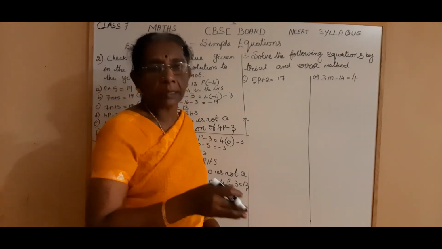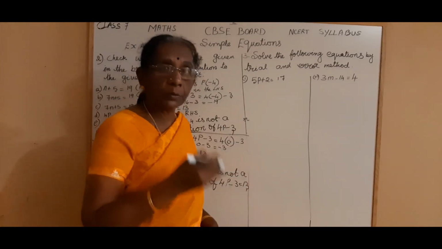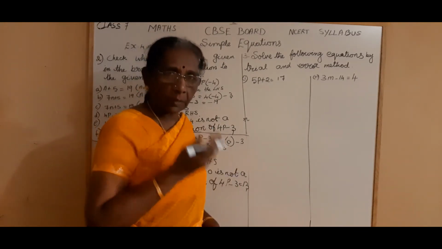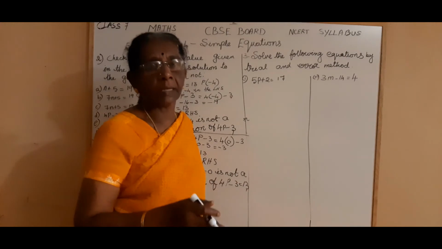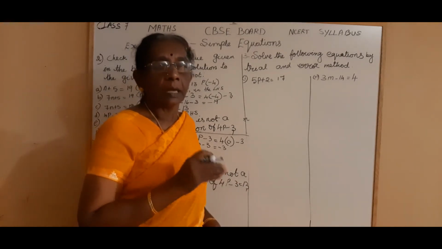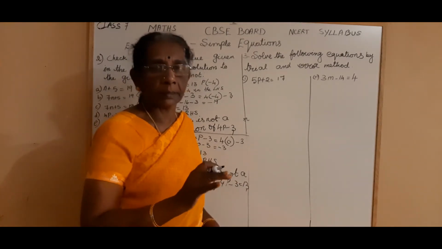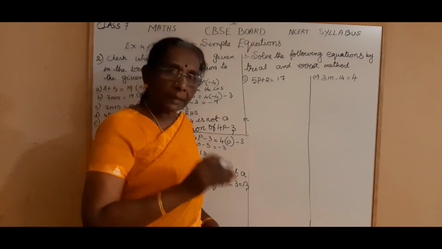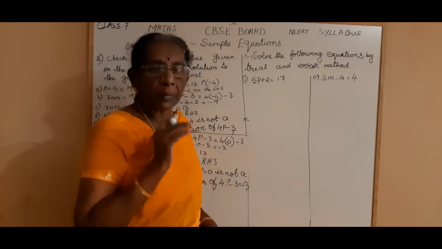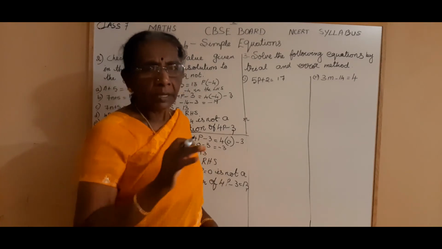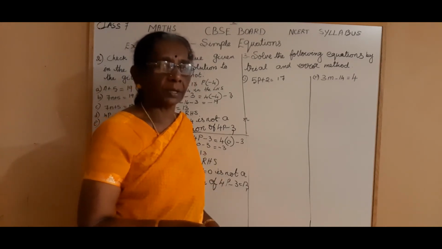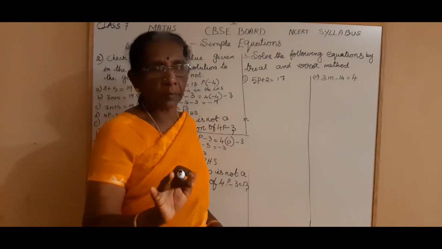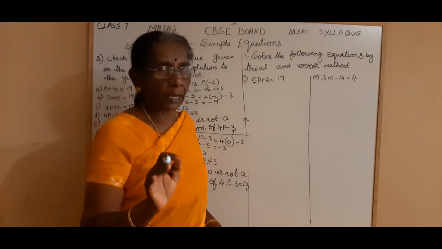You give p is equal to 2 and then you check. Like that you have to give the values and check whether you are getting LHS is equal to RHS. If it is satisfying the equation, then that particular number is the solution. If not, then you got an error, so you have to try with another number. That is called trial and error method.